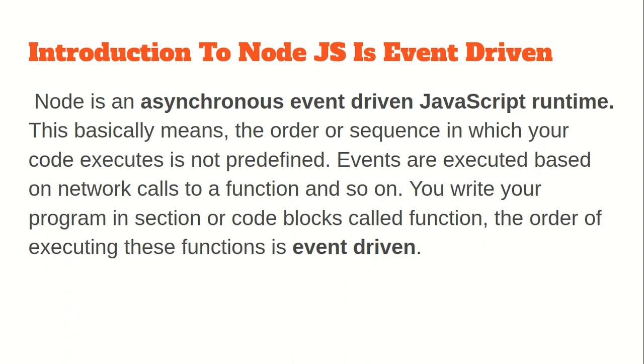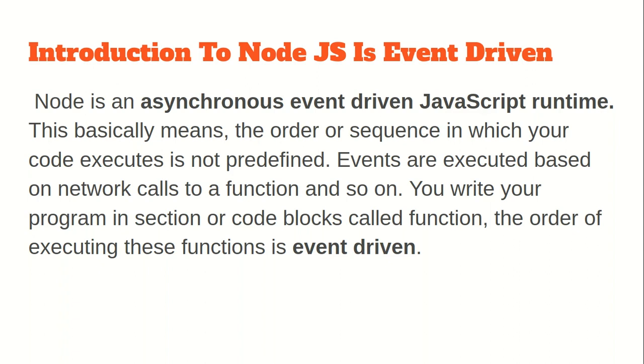So you might hear that Node.js is event driven. What does Node.js being event driven mean? Node.js is described as an asynchronous, event-driven JavaScript runtime. A JavaScript runtime means that it runs outside of the browser, right? This basically means the order of sequences in your code execution is not predefined. Node.js being event driven means that it is asynchronous, right?